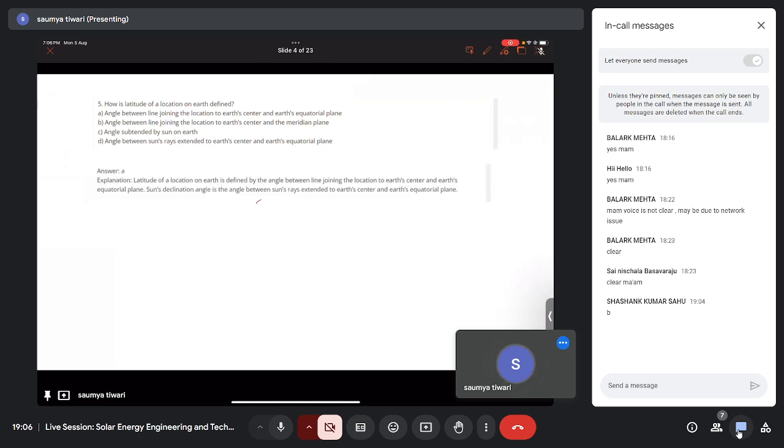The correct answer is answer A. As discussed a few minutes ago, the latitude of a location on the earth basically determines the relationship between the observer on the earth and the earth.